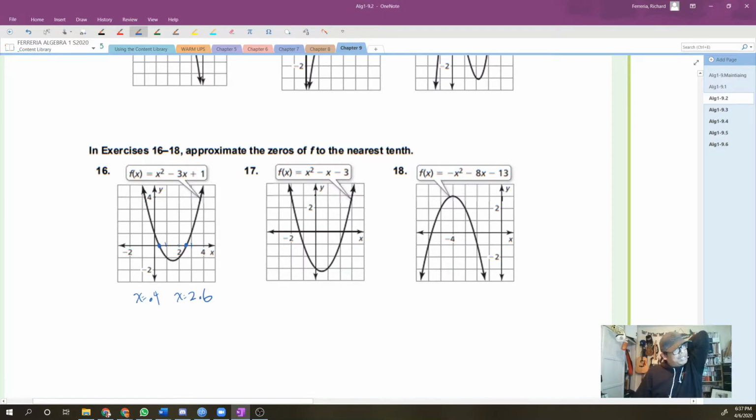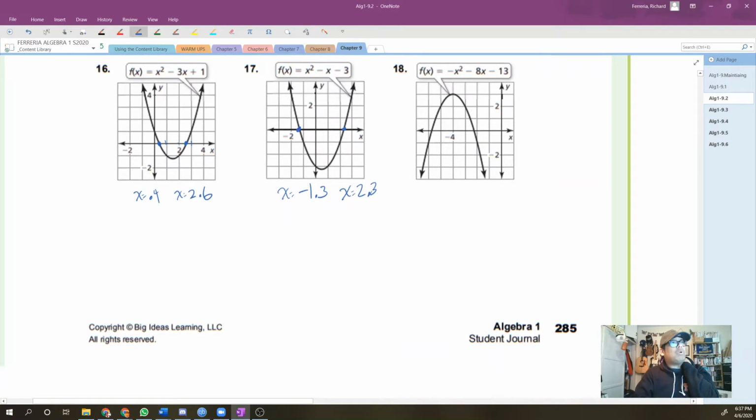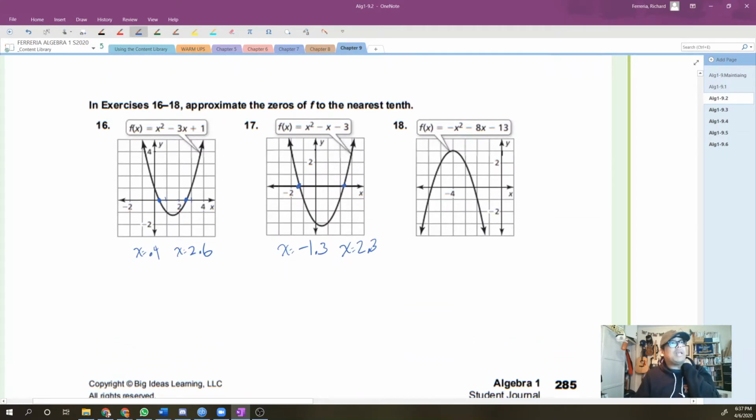Number 17. This is somewhere between -1 and -2, and it's closer to -1. So I'm going to say, let's say x equals -1.3. And this one over here, this is between 2 and 3. So this is, let's call that 2.3 also. And 18. Let's see, -1, -2, -3.